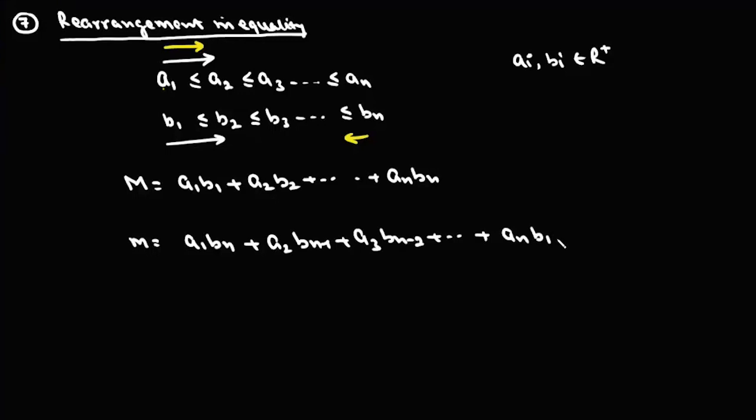That's your small m. So capital M is when we multiply them in the same order, and small m is when we multiply them in the opposite order.